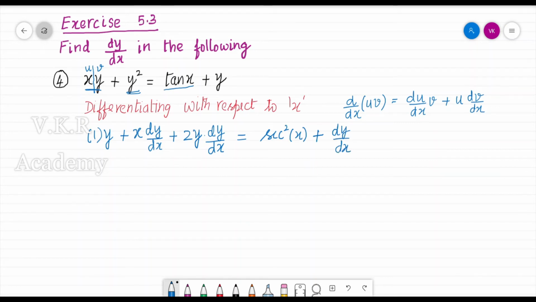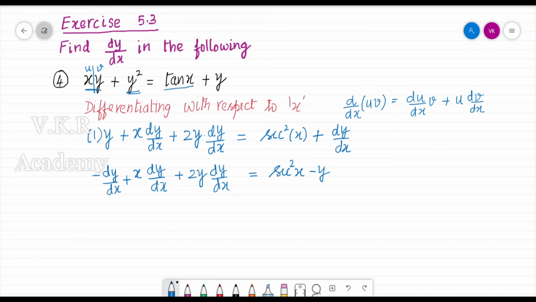Now collect the dy by dx terms to one end and the terms independent of dy by dx to the other end. We have x into dy by dx plus 2y dy by dx minus dy by dx is equal to secant squared of x plus y minus y.